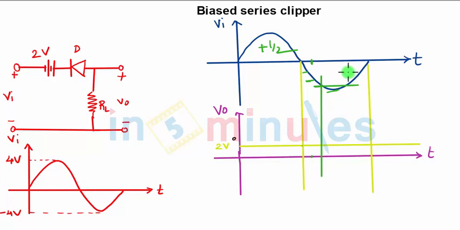This is the x-axis and this is the point. So you get output only in this part, going from minus 3 to a maximum value of minus 4 volts. That means your zero level, which was initially at this point, is now shifted to here, which is 2 volts, because of the series 2 volts in the supply in the circuit.